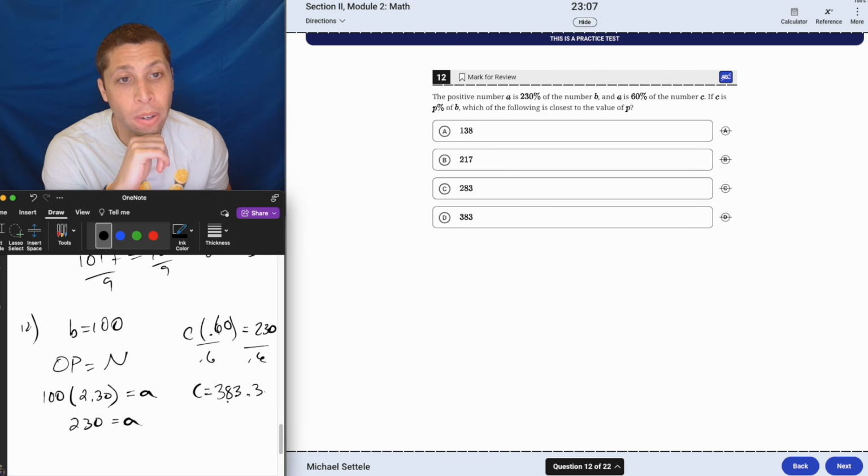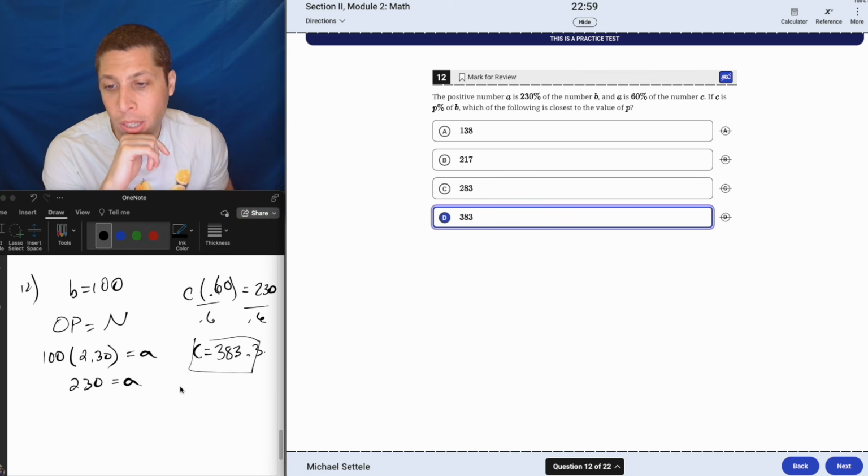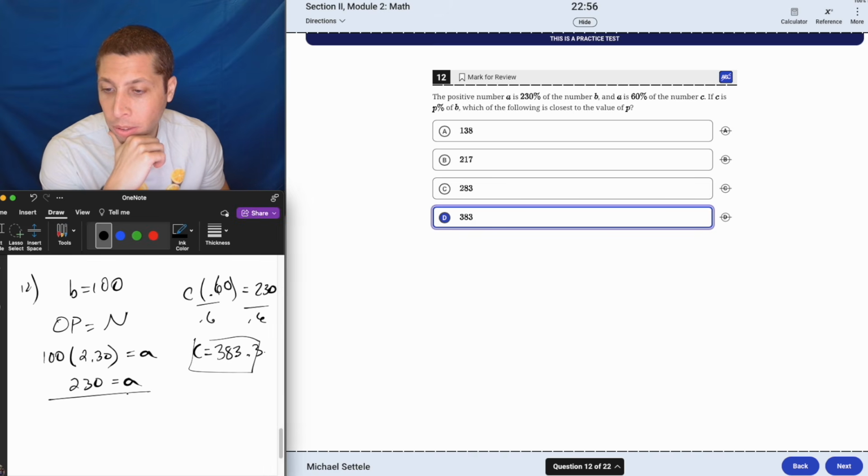And then they want to know which of the following is close to the value of P, because if C is P% of B, right? So 383 is 383% of 100. And we can prove that by doing another open formula.